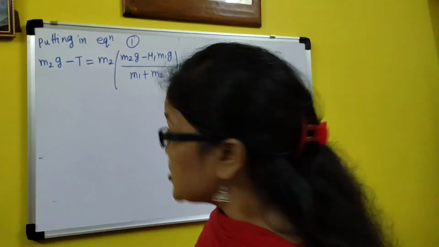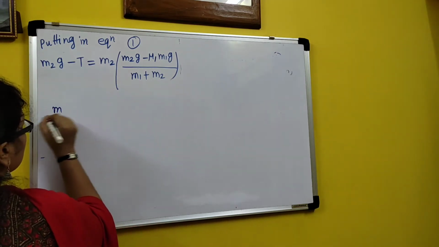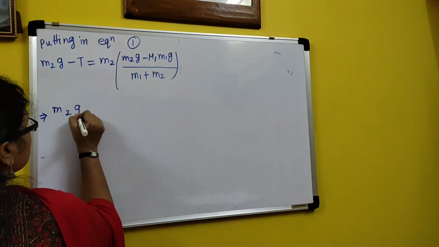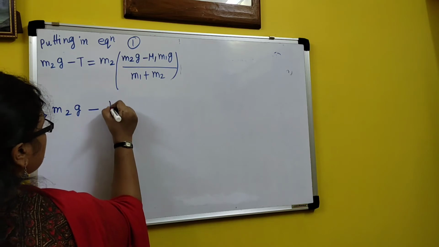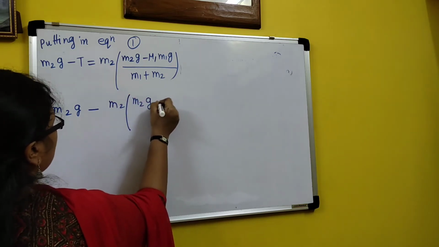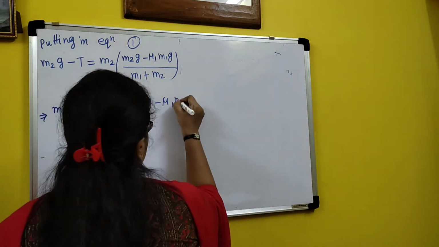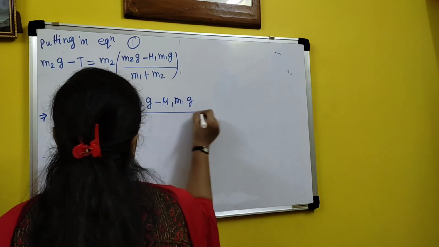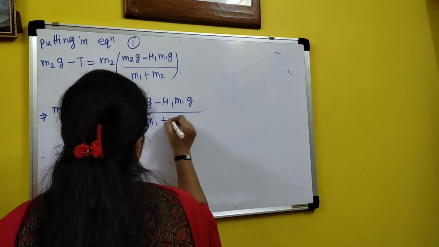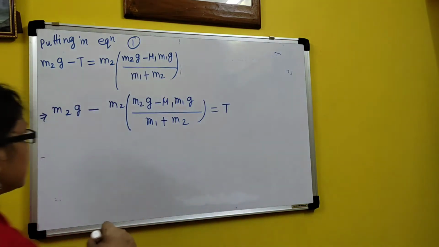So the value of tensional force will be m2g minus m2 into (m2g minus mu1 m1g) by (m1 plus m2), that is equal to the value of T. Clear?